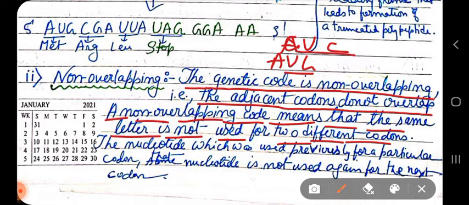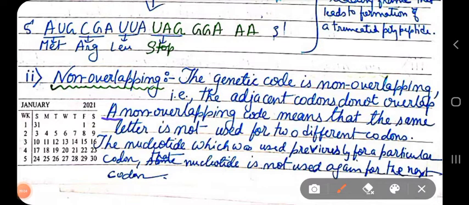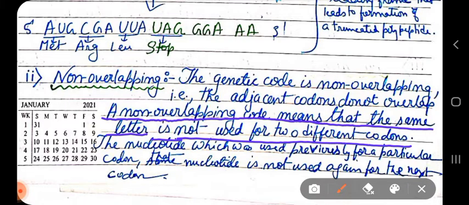If overlapping occurred, although it does not occur, then the same nucleotide of the codon would be used twice for coding different amino acids. So a non-overlapping code means that the same letter of the codon is not used for two different codons.